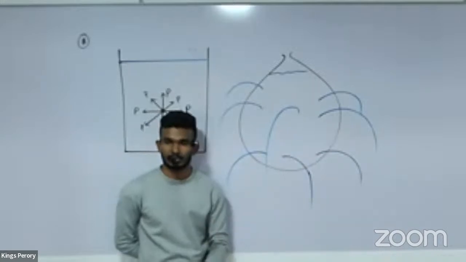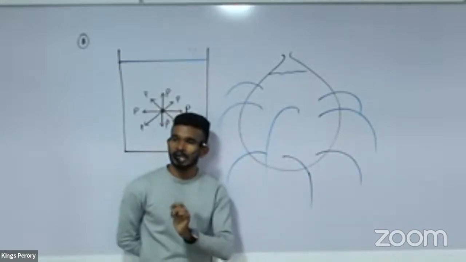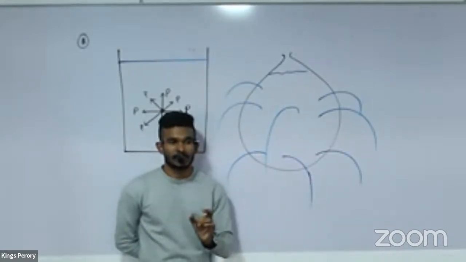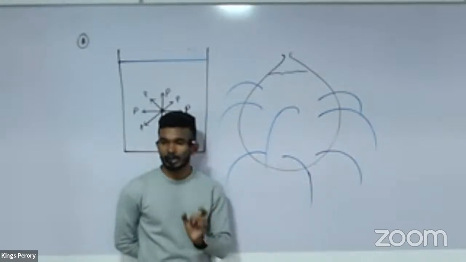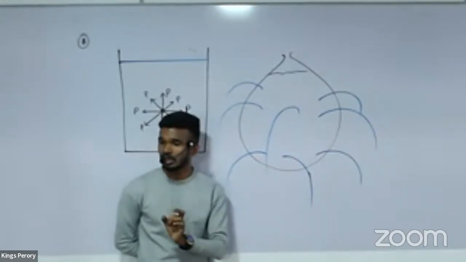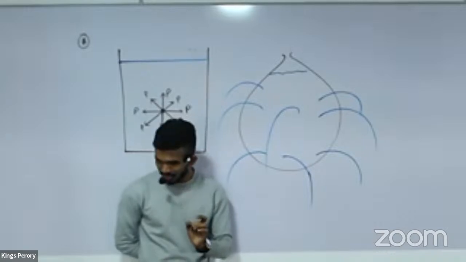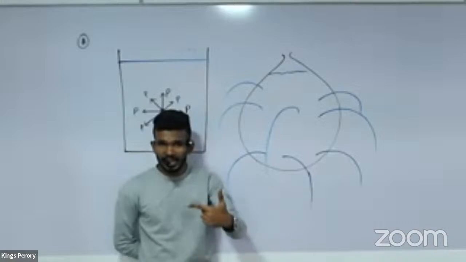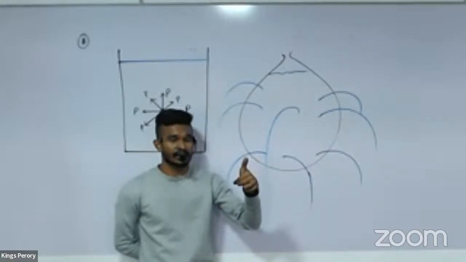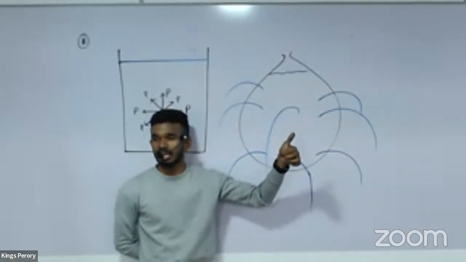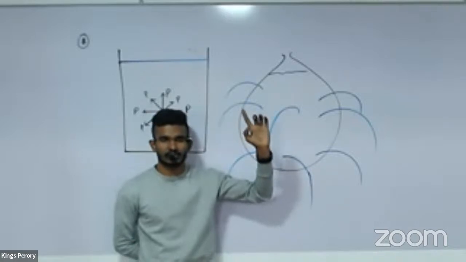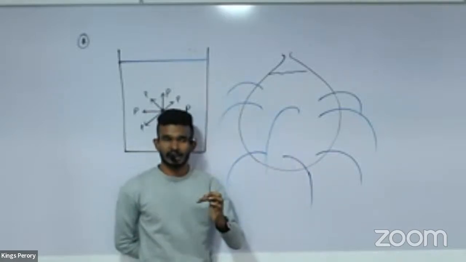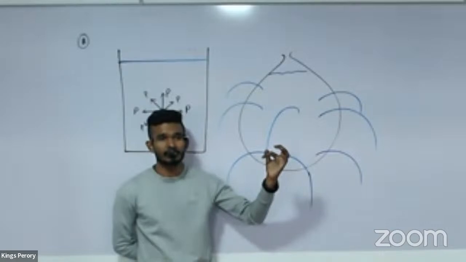That's the pressure concept. What is hydrostatic pressure? Pressure acting in a fluid. What's the equation? H rho g. What is h? Depth. Rho is density. g is gravitational acceleration. When depth increases, hydrostatic pressure will also increase.